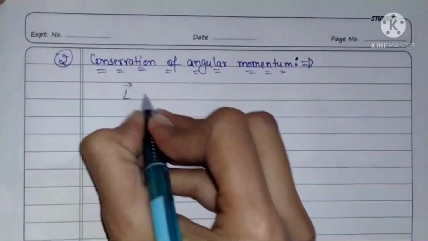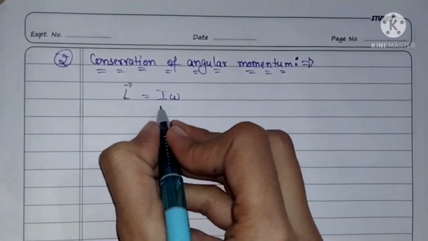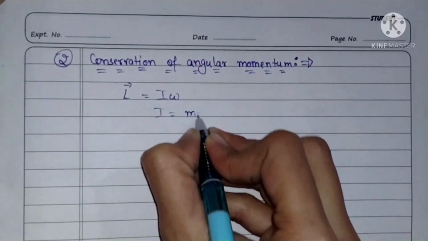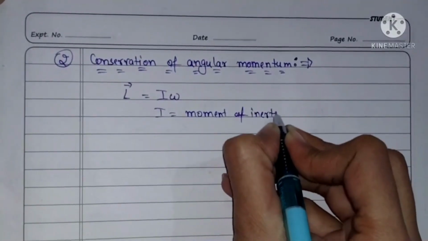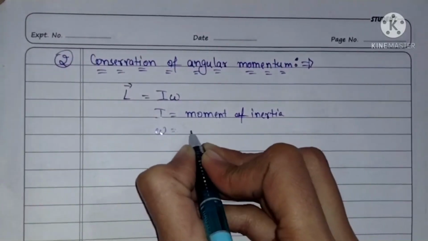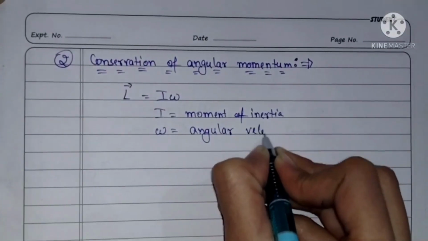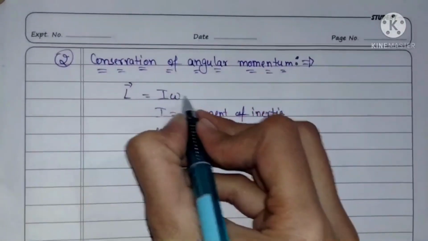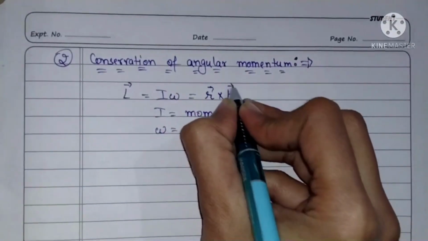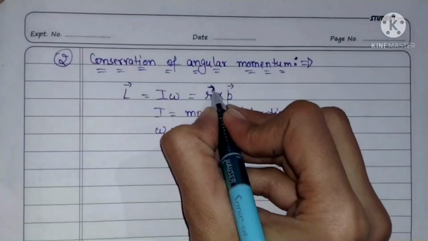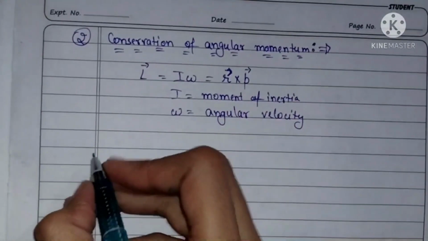We will write for angular momentum L, that is equal to I omega, where I is the moment of inertia, and its value is equal to mr square, and omega is angular velocity. So we can write another form of angular momentum, L is equal to r cross p.